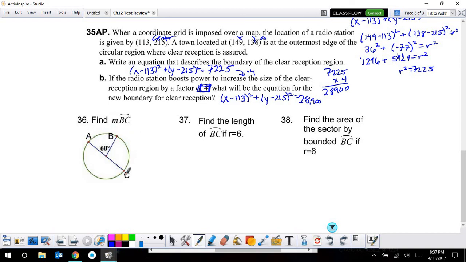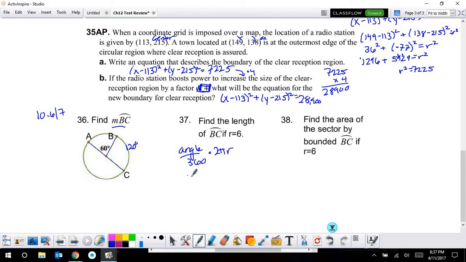So remember, half a circle is 180 degrees. If I want to find the arc measure, that's in degrees. So it's 120 degrees here. This is from 10.6 and 7. For 37, now we've got to find the arc length. Remember, arc length is angle divided by 360 times whatever your circumference is.